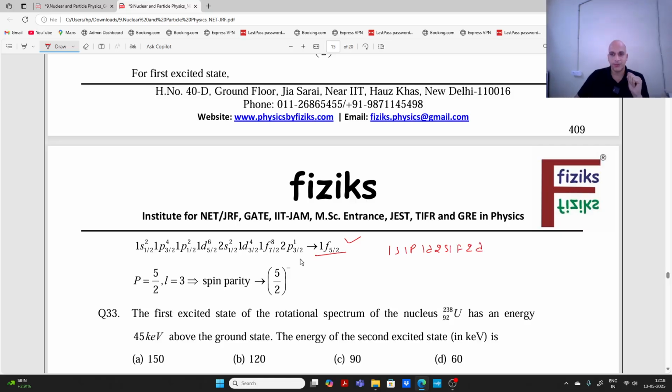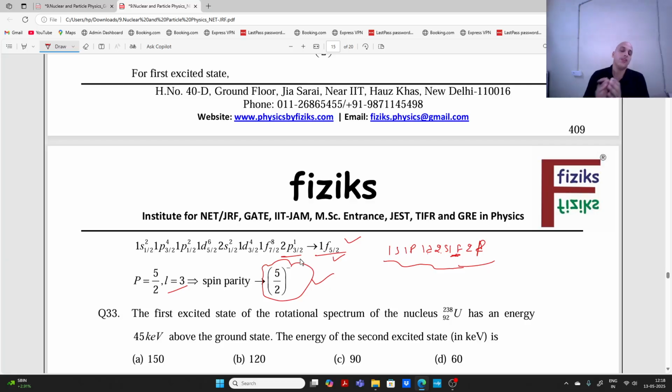So 1f is the next one, that comes here, 1f7/2, and then we will get 1f5/2, right? That's why p is here. I told you that p comes in between the two subcells of f, right? So the next one is f, for f5/2 spin is 5/2 and parity, L is equal to 3, again negative.